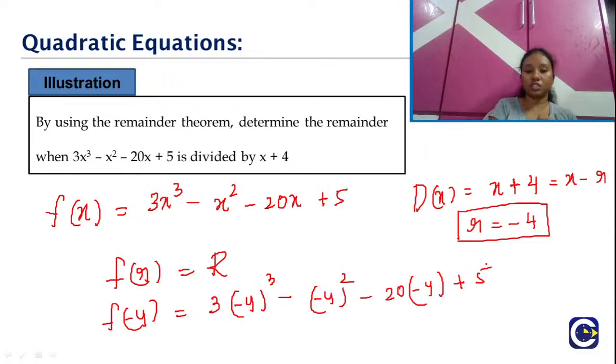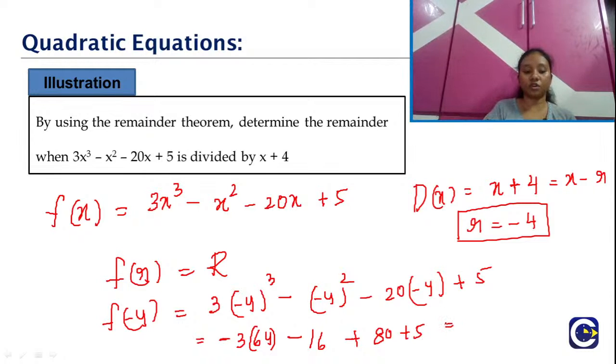First, minus 4 whole cube will be again minus, so 3 into 64. Minus here 4 square, as the square, the minus will be eliminated, so 16. And minus into minus is plus, 20 into 4 is 80, plus 5.